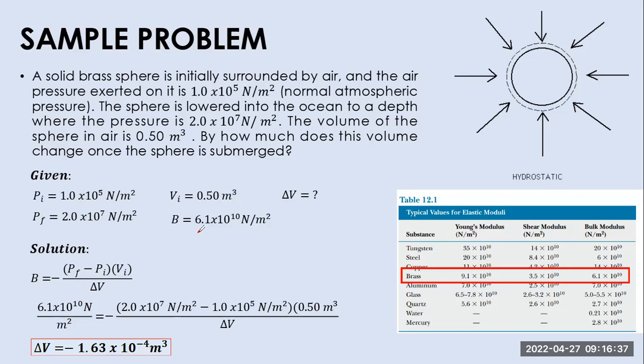Let us now substitute the values of our problem, or the givens. We have the bulk modulus of 6.1 times 10 to the power of 10 Newton per meter squared.